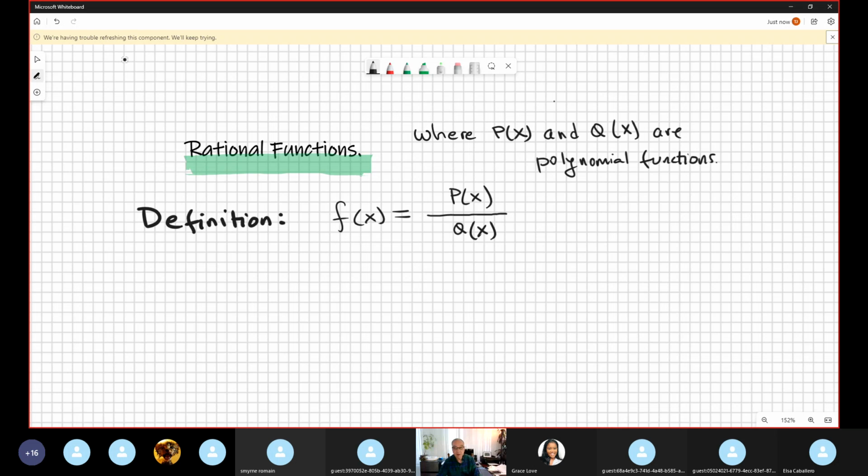And it's obvious that the restriction is Q of x never 0, because you know very well what's going on. When you have 0 in the denominator, it's undefined.